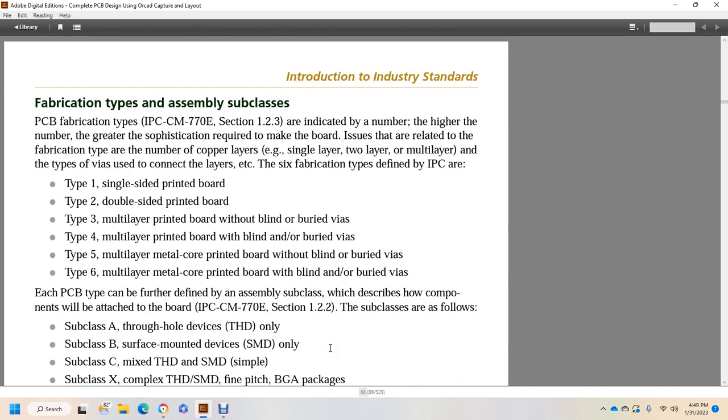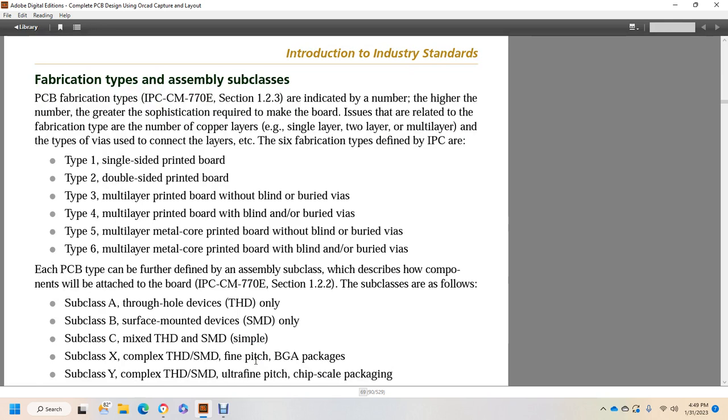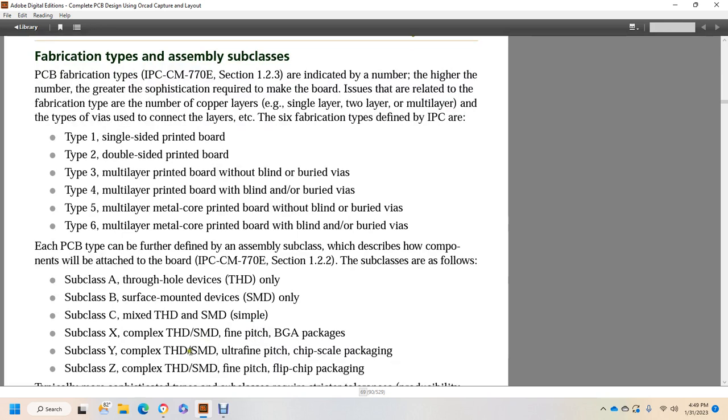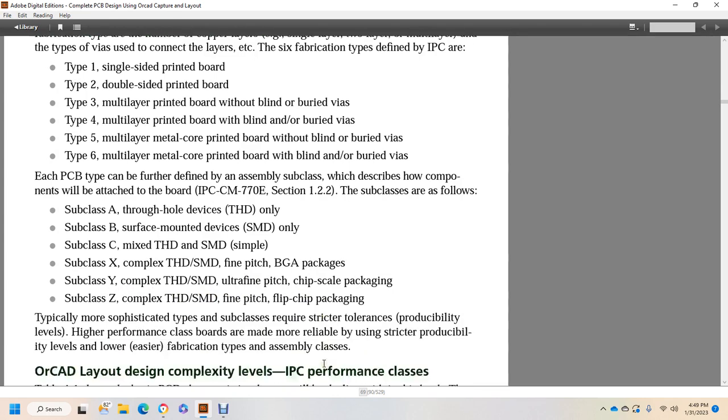In IPC 770E Section 1.2.2, the subclasses are: subclass A, through-hole devices, THD only; subclass B, surface-mounted devices, SMD only; subclass C, mixed through-hole devices with surface-mounted devices; subclass X, complex through-hole devices with surface-mounted devices, fine pitch, BGA packages; subclass Y, through-hole devices and surface-mounted devices, complex, ultra-fine pitch, chip scale packaging; and subclass Z, complex through-hole devices, surface-mounted devices, fine pitch, flip chip packaging.